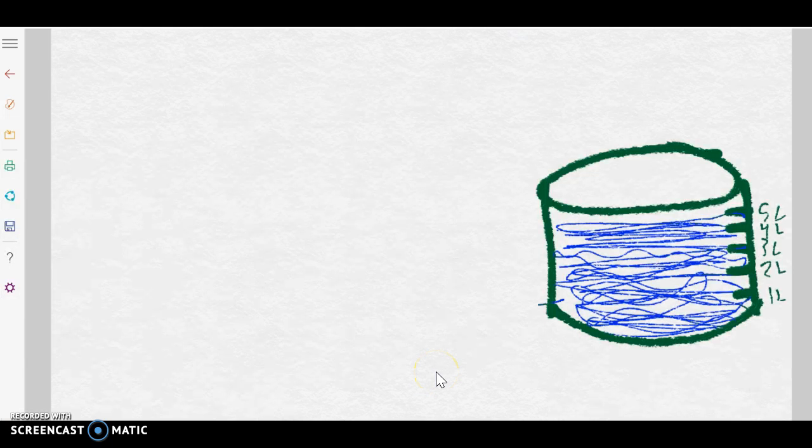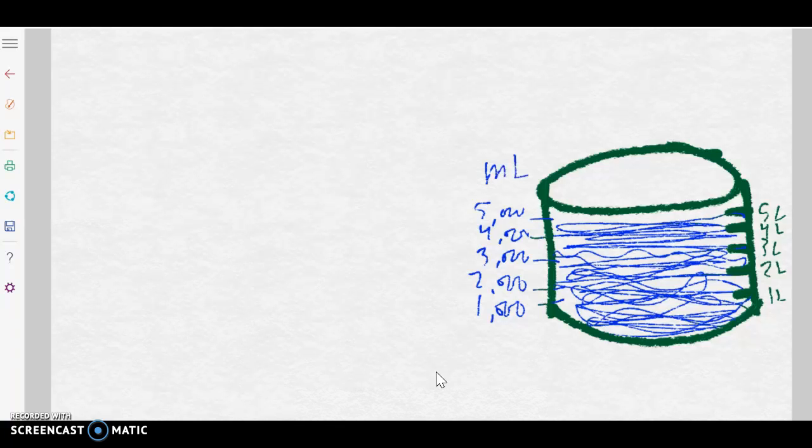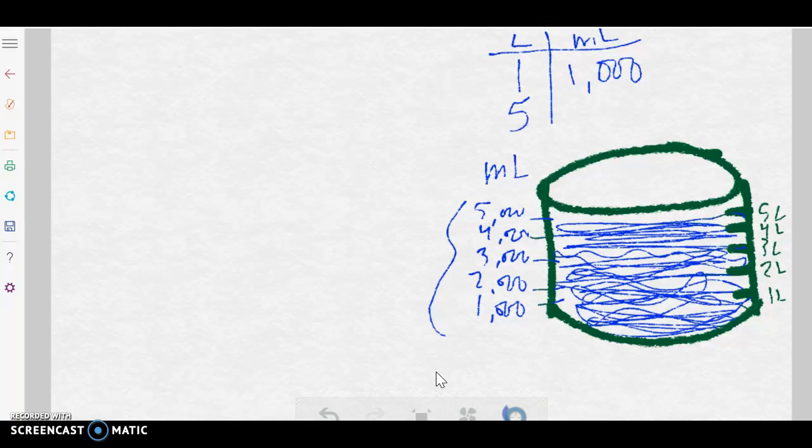So this over here is really 1,000, 2,000, 3,000, 4,000, 5,000. And this is all in milliliters, because 1 liter is equal to 1,000 milliliters. So 5 liters equals 5,000 milliliters. That's why that correlates there.